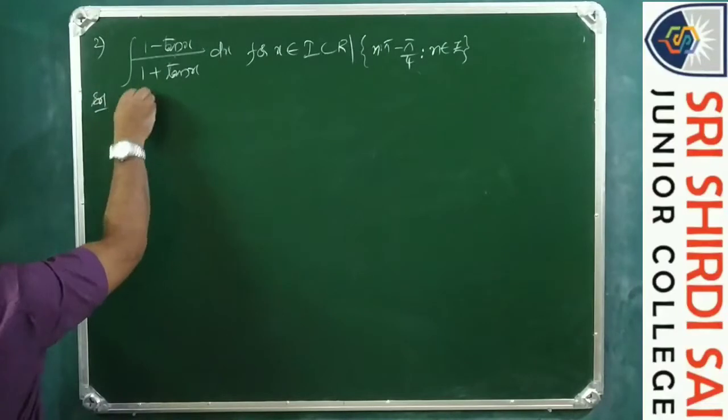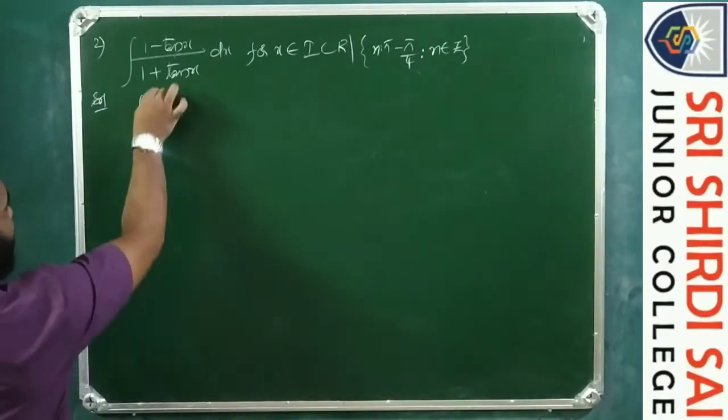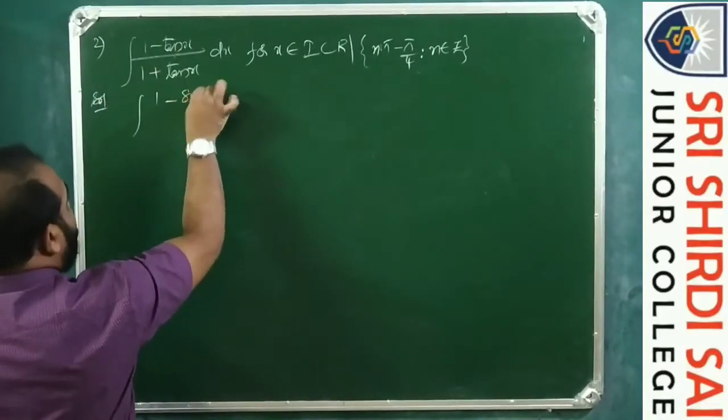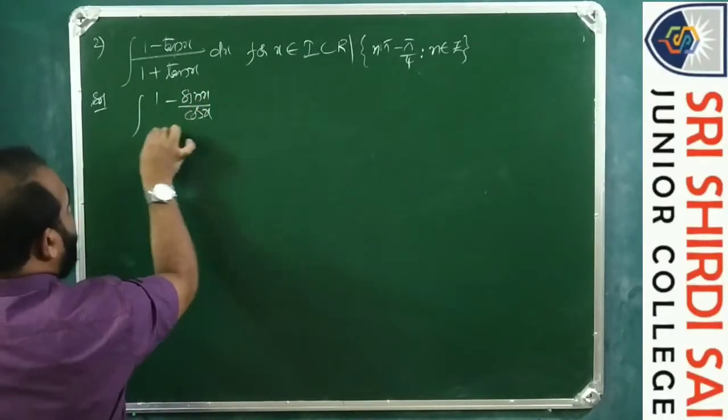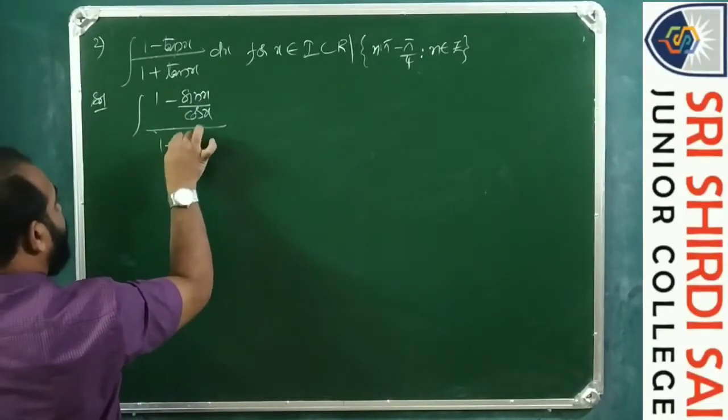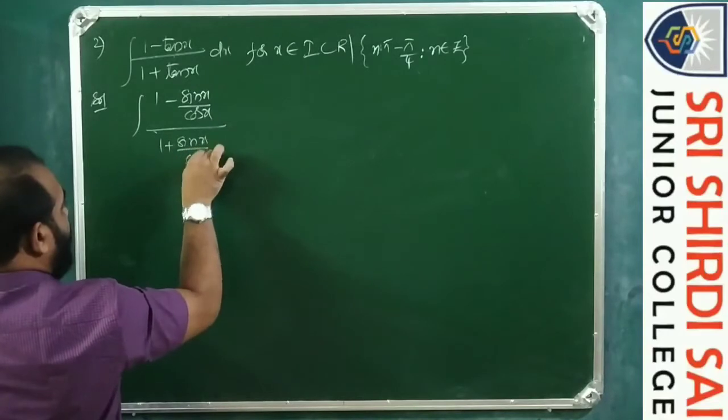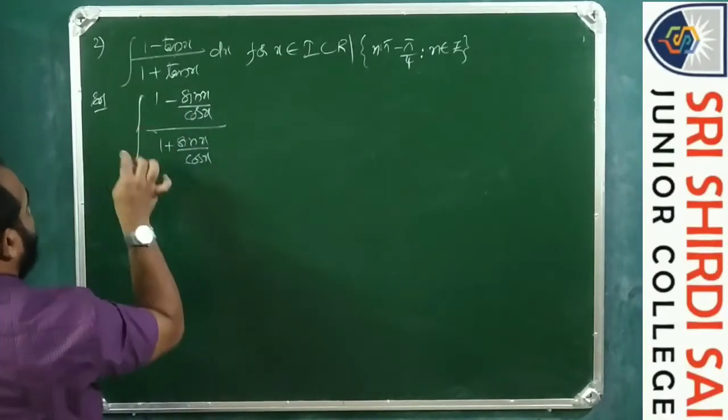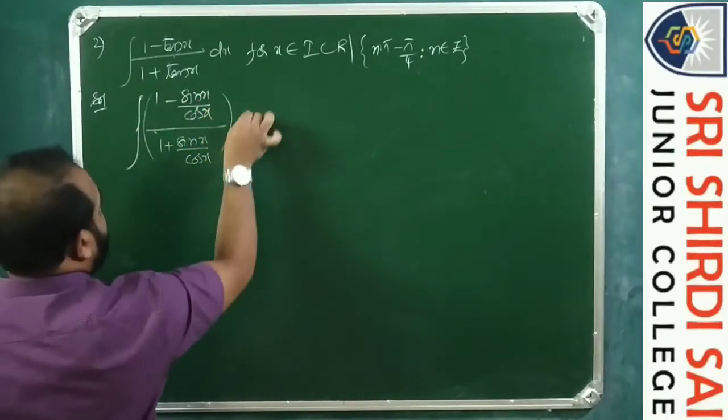So this is equals to integral (1 minus sin x by cos x) by (1 plus sin x by cos x) dx.